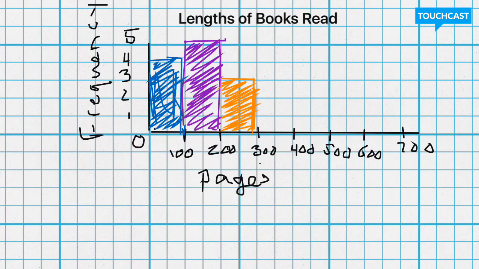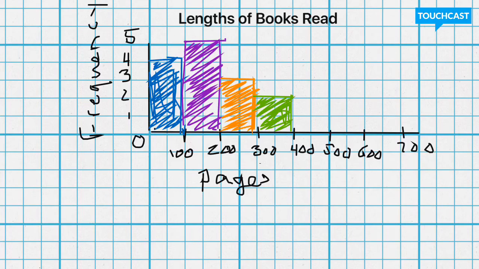We also had the range 300 to 399, which 2 of our classmates read books that were that long. So from 300, we'll draw a line over at 2 on our vertical axis over to 399, which is right before the 400, and we'll color that in.